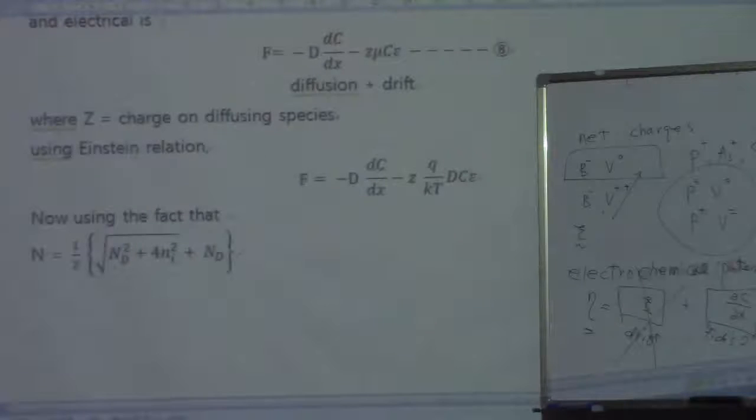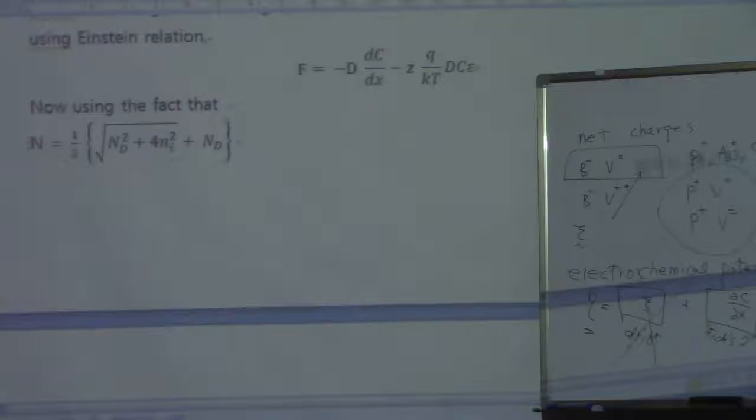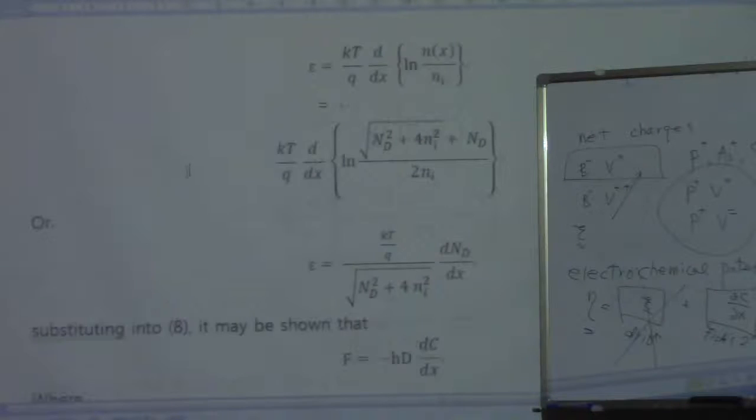Using Einstein relations, we can use the diffusion coefficient for the drift, and then we know the concentration of dopant is related in this fashion, and this electric field can be represented like so. This is the equation corresponding to the electric field which is going to be set up inside the semiconductors due to the concentration gradient of the dopant.